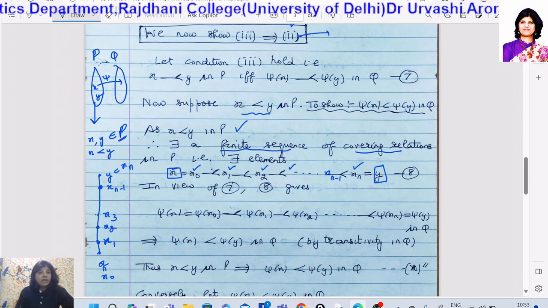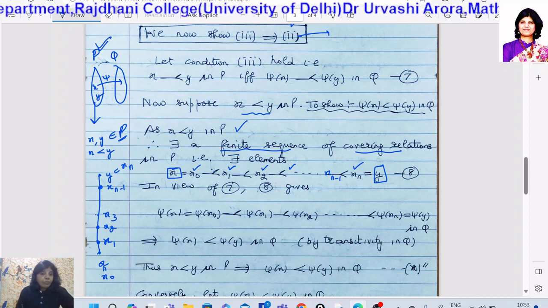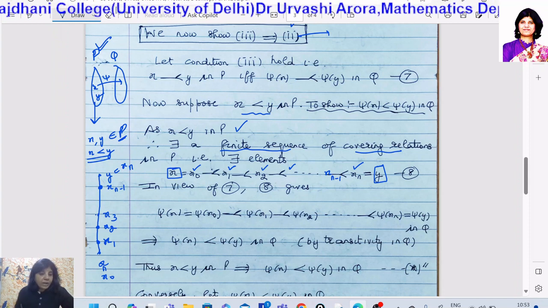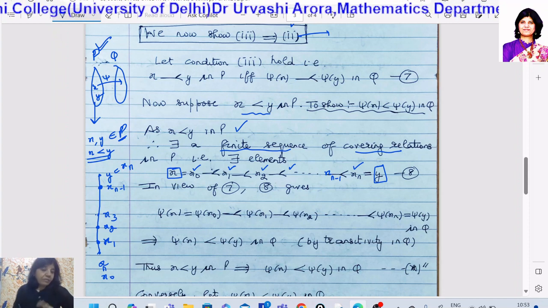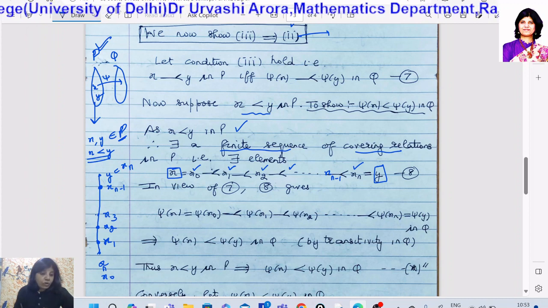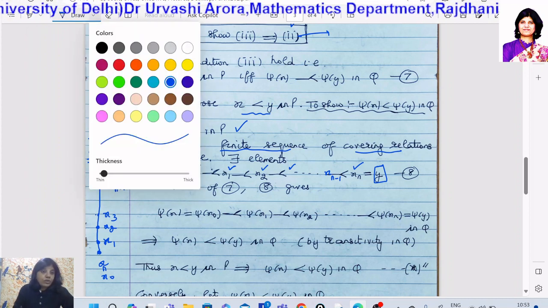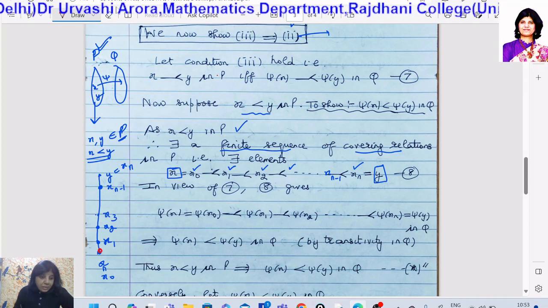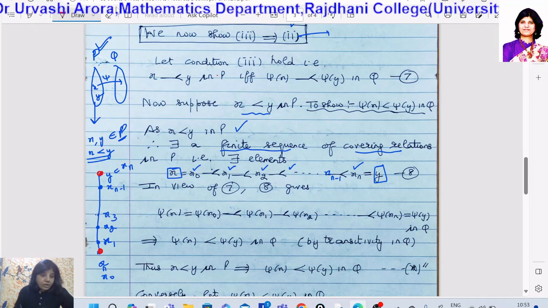So if you are in a finite poset P, and you pick two elements x and y in P such that x is strictly related to y, we are not saying that x is covered by y, we are just saying that x is strictly related to y. Then in the Hasse diagram, x will be at the bottom and y at the top.